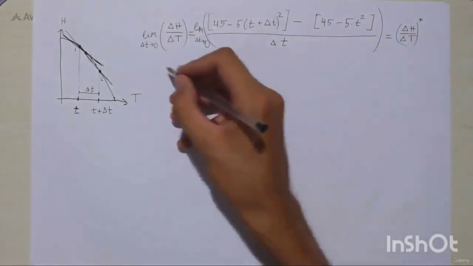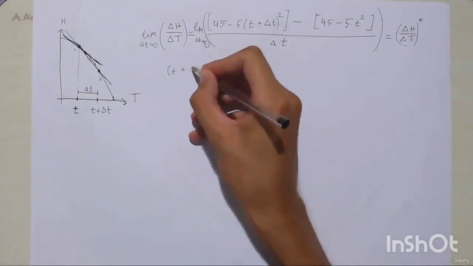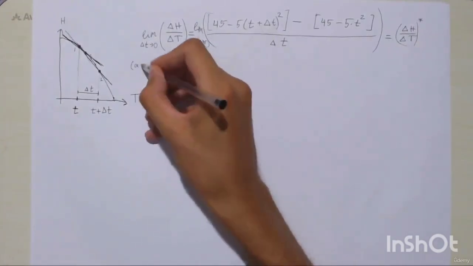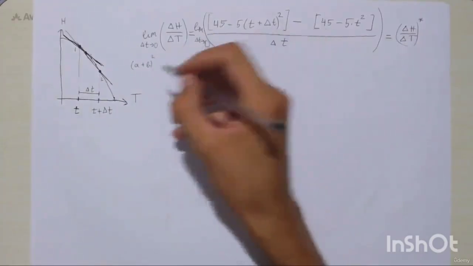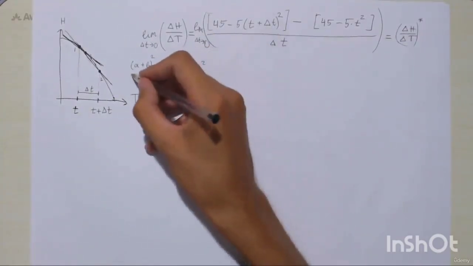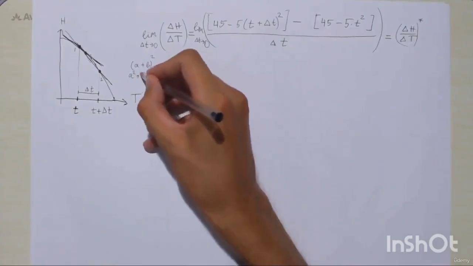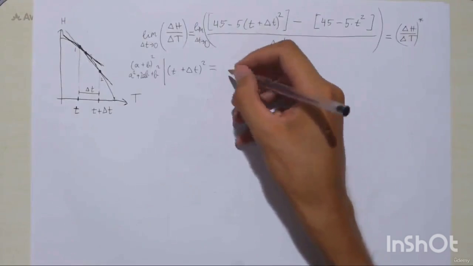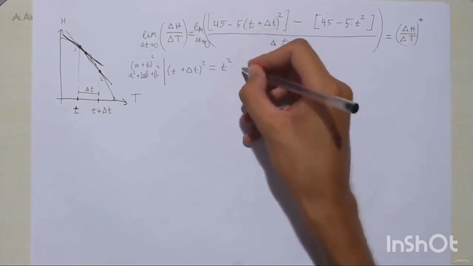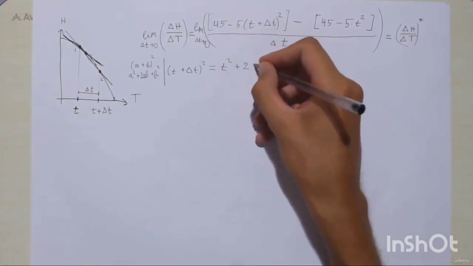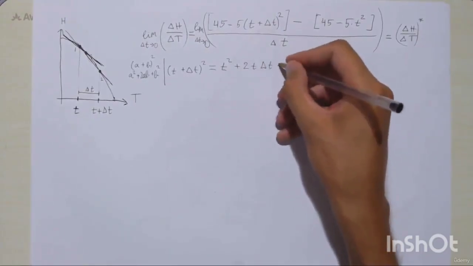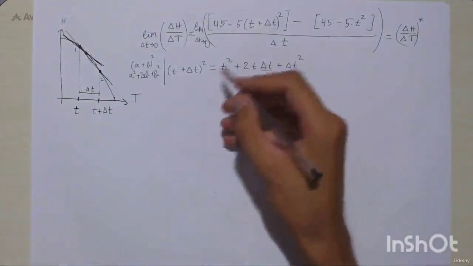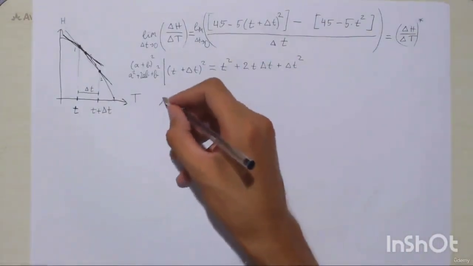So remember, t plus delta t squared, it's the same like a plus b squared, and the formula for a plus b squared was a squared plus 2ab plus b squared. So this would be t squared plus 2t delta t plus delta t squared. And we would then write it down like this.